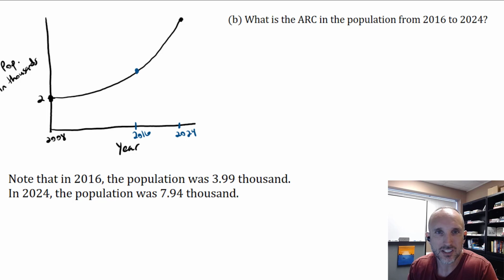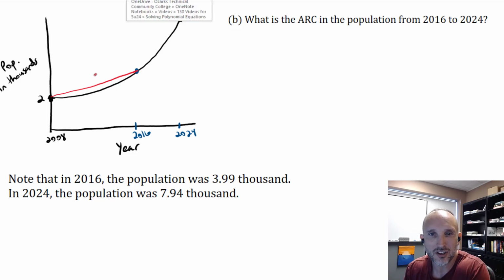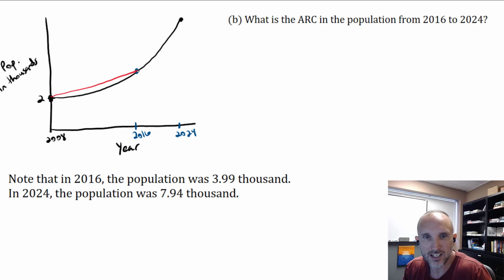So when we looked at the previous example, we were looking at the average rate of change here from 2008 to 2016. What we actually calculated was the slope of this line. This line doesn't take into account changes in rate over time. If it were a constant rate, then it would be a straight line. That's our average rate of change.